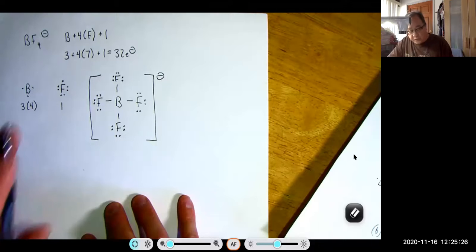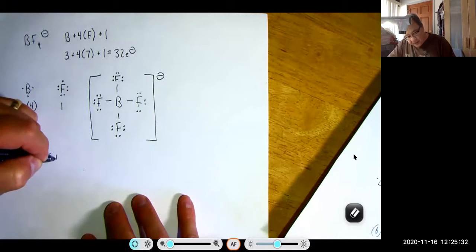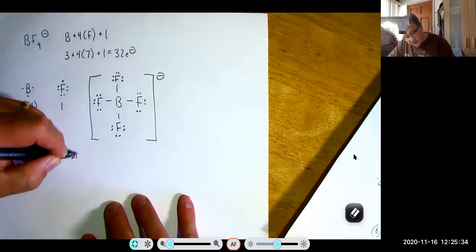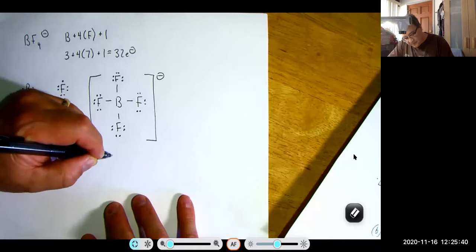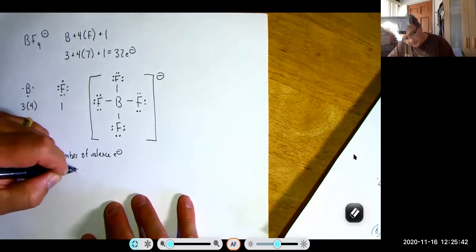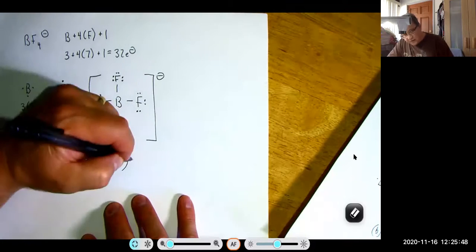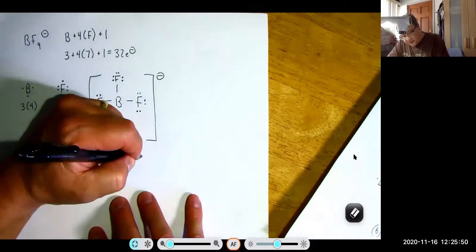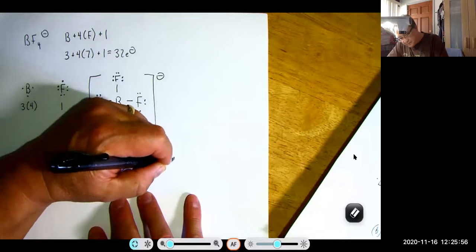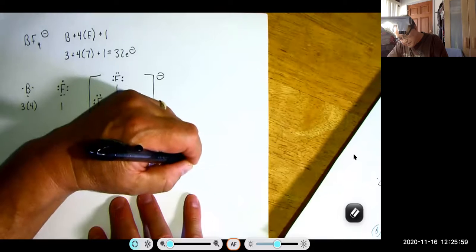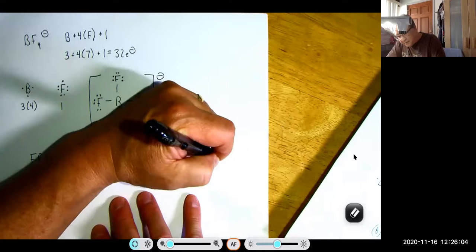And if we assign formal charges, I'm going to show you another way to get the formal charge. You take the number of valence electrons in the neutral atom, and you subtract from that the non-bonding electrons. And you also subtract from that 1/2 of the bonding electrons.